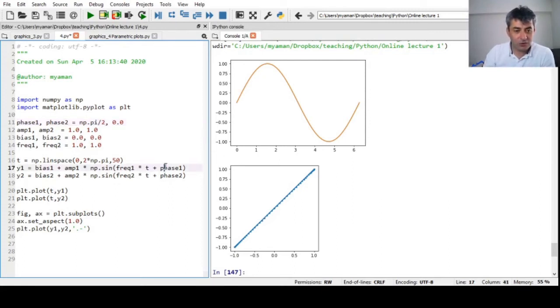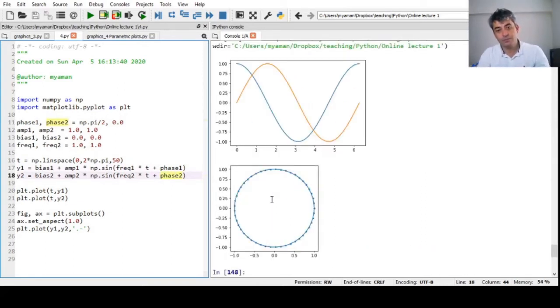So we have a cosine and a sine. There we will see the difference on the line plot and on this phase plot. Next, let me run, and so this is really interesting. This is the cosine, and this is the sine function, and this is a full circle that we have.